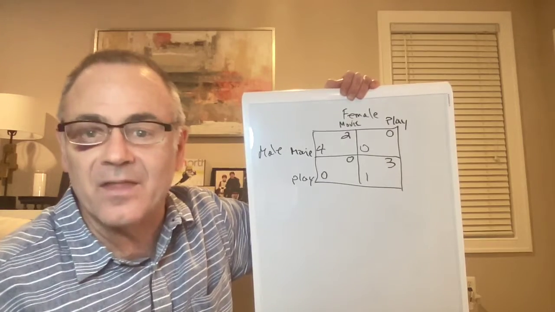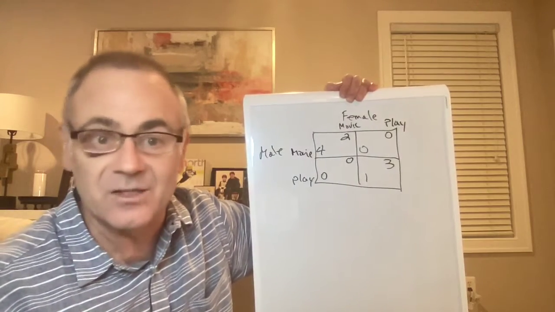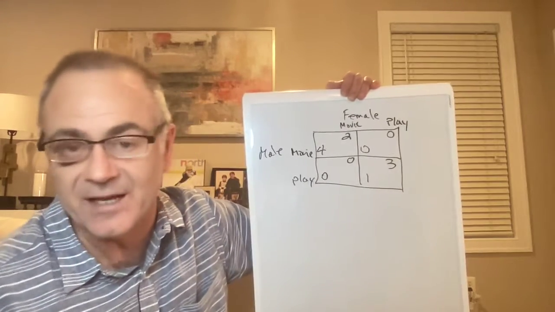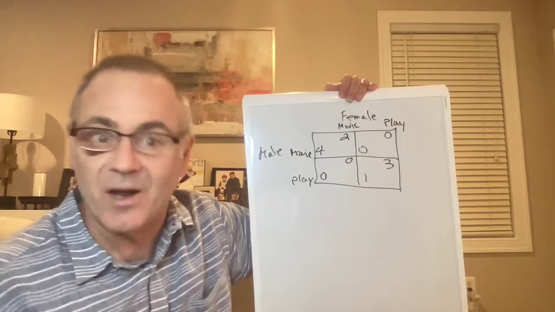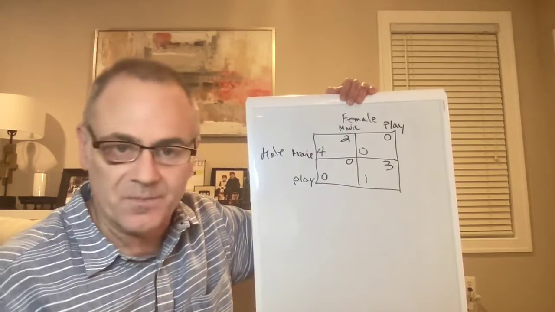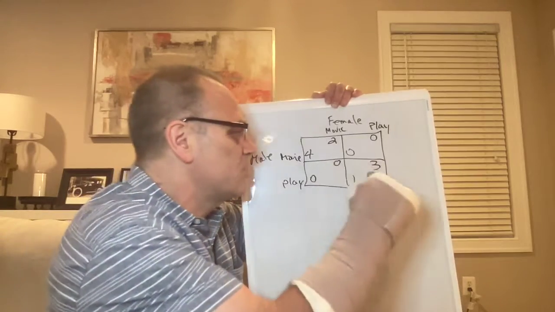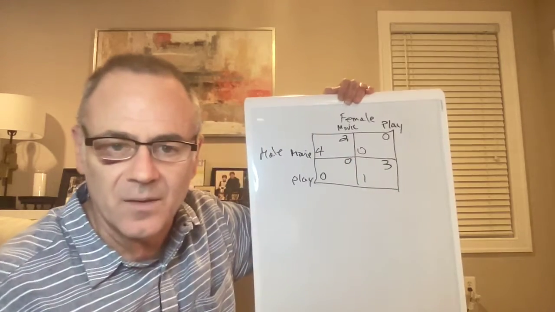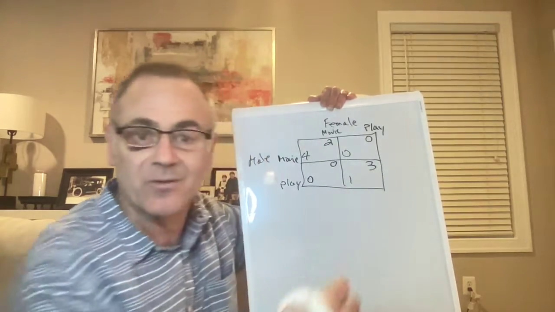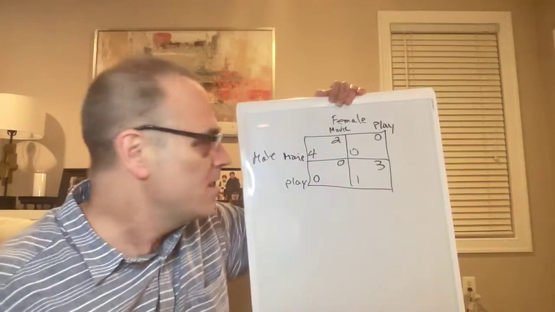Okay, the female says, assuming the male is following what the equilibrium god says, my best strategy is indeed to go to the play. So I want to follow what the equilibrium god says, so it's indeed in equilibrium. Notice it's two equilibria. Notice the male prefers this equilibrium, female prefers that equilibrium. That's kind of interesting.